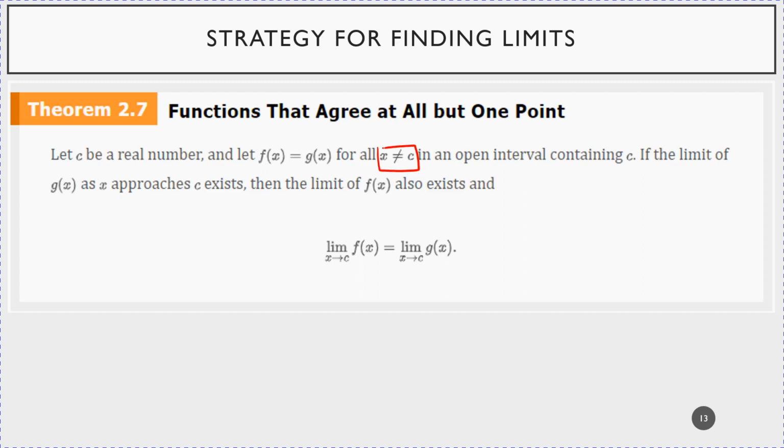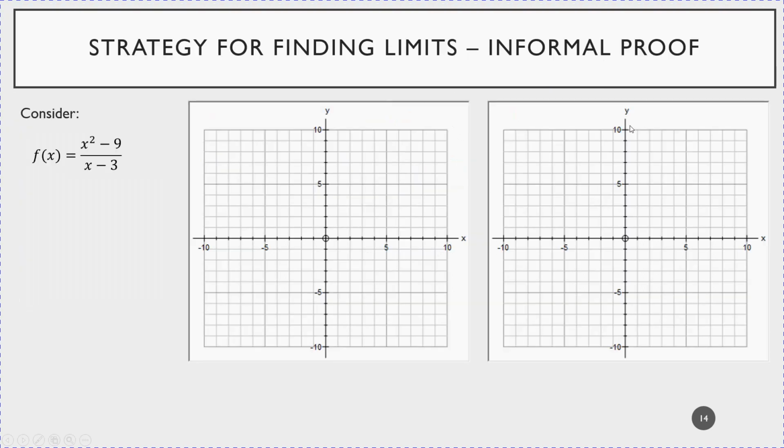If the limit of g of x as x approaches c exists, then the limit of f of x also exists, and we have the following: the limit as x goes to c of f of x is equal to the limit as x goes to c of g of x. So it's kind of like, what is going on here? Let me show you an example, and then this'll all make sense.